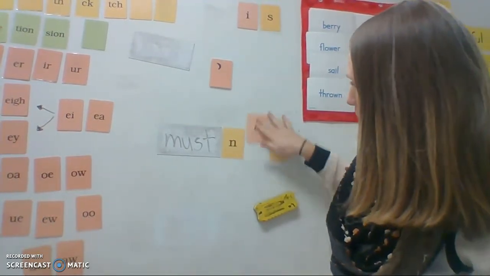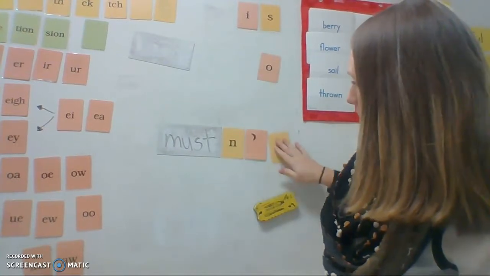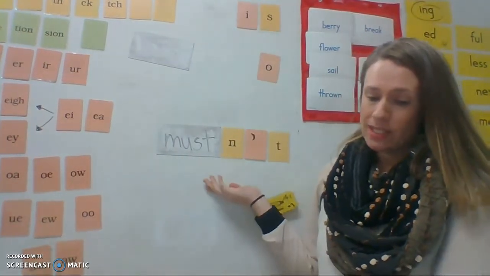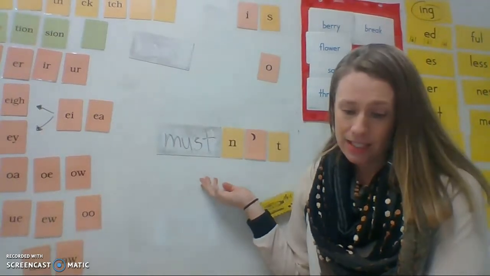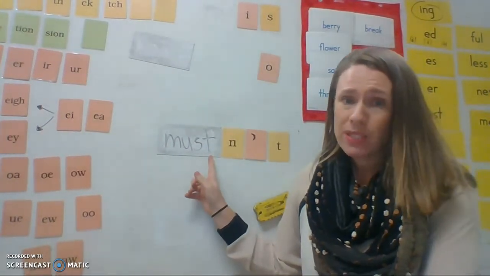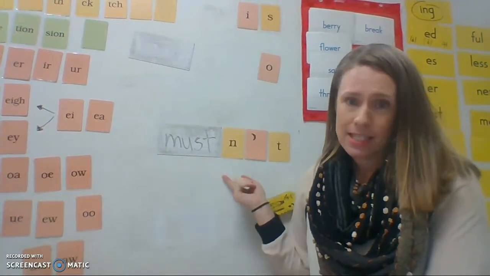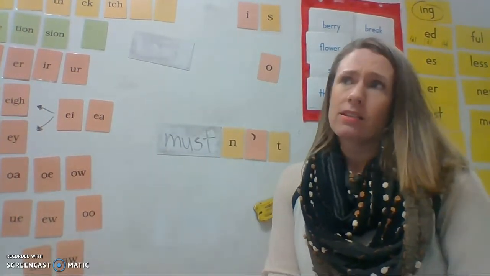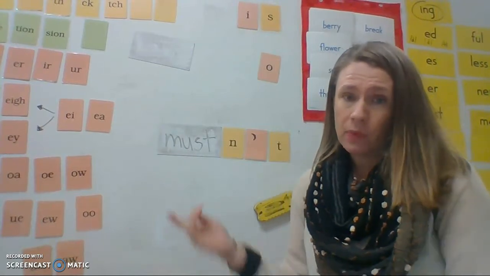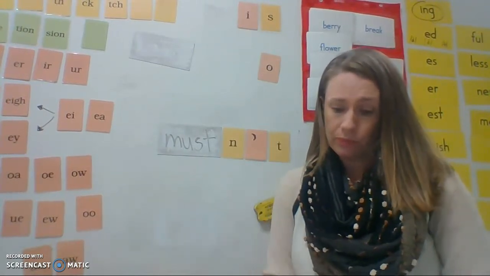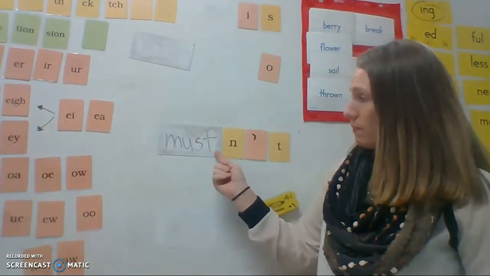We smush it together and we replace the O with the apostrophe. But listen, when we pronounce this, we say mustn't. So it's tricky because the T is still here, but we don't pronounce it. Listen again, mustn't. Instead of saying you must not throw food at the dinner table, we say you mustn't throw your food at the dinner table. Okay, the tricky part is this T.